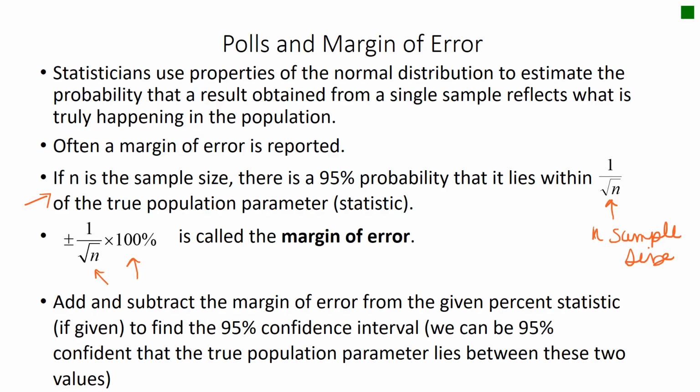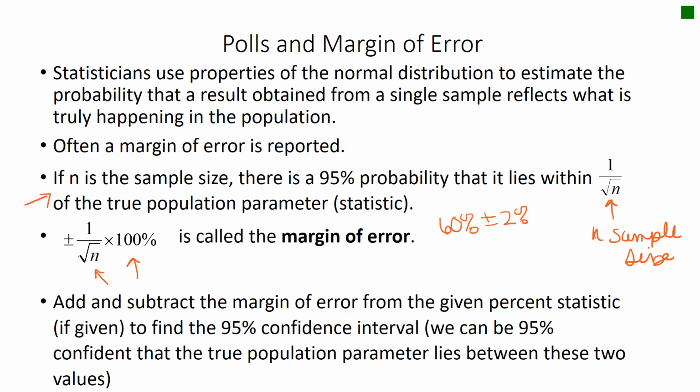Add and subtract the margin of error from the given percent statistic to find the 95% confidence interval. What this tells us is we can be 95% confident that the true population parameter lies between these values. So if you see something with a margin of error of 2% at the 95% confidence level, it just means that we're 95% confident that the true number of people that will vote for the candidate is within 2% of what we're reporting.